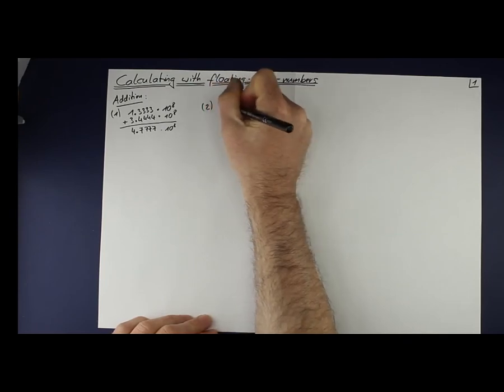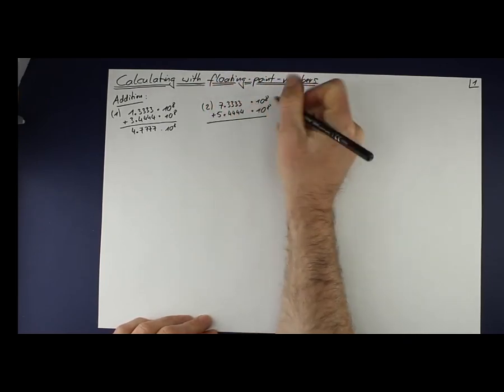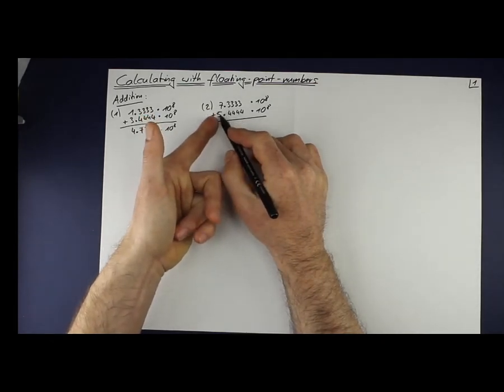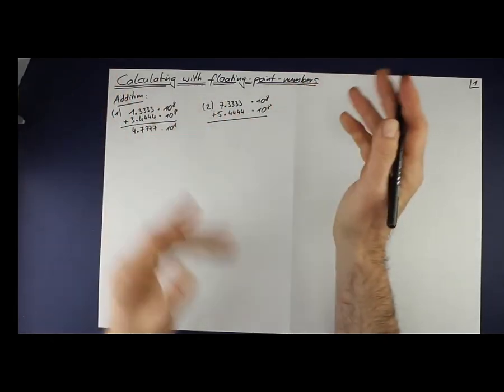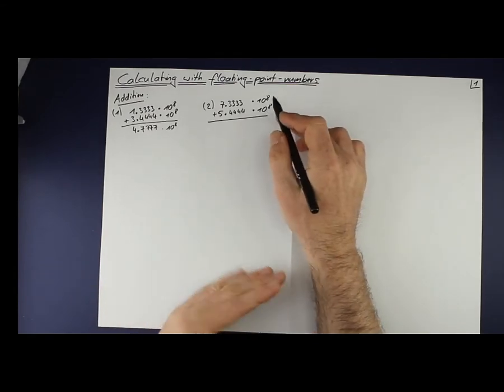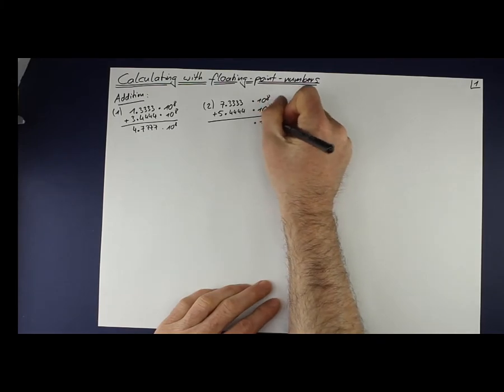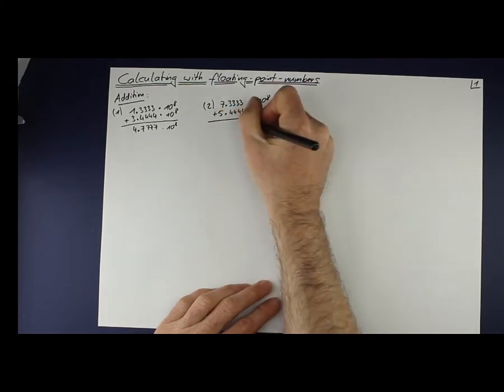So, second example. In our example, we said this is a number between 1 and 9 times 10 to the something. Also in this case, it's 10 to the 8 both times, so immediately we can see, okay, let's add these two numbers.